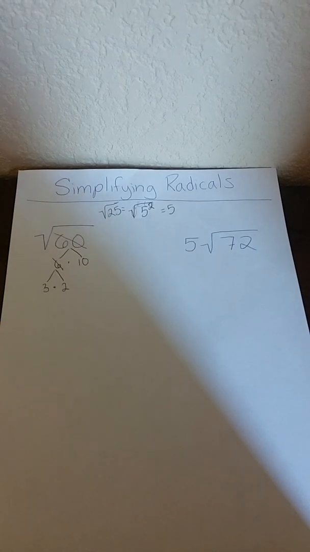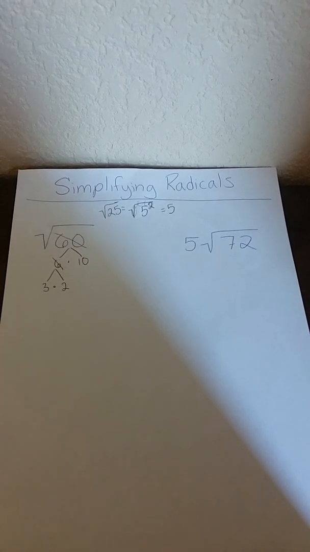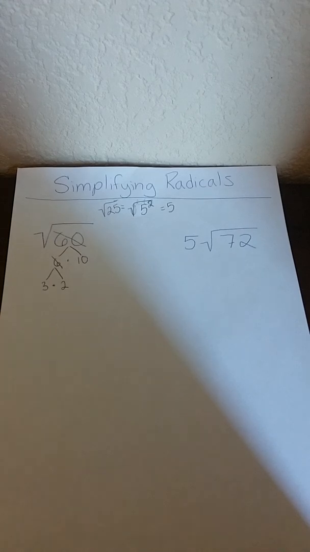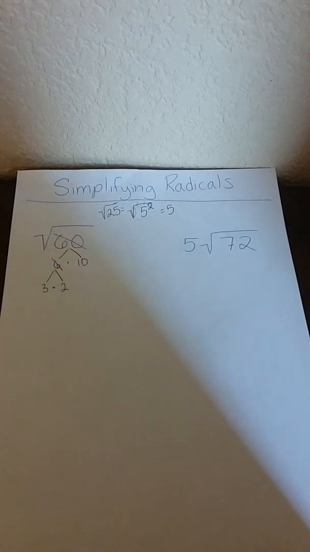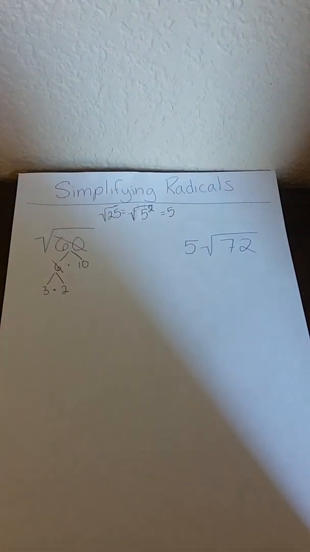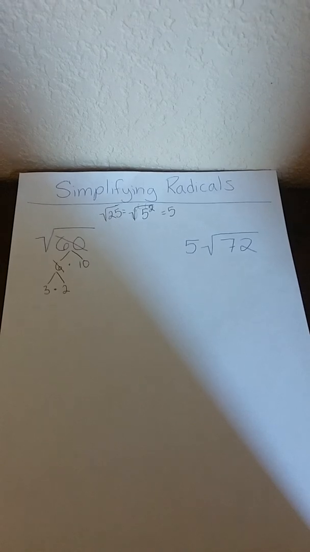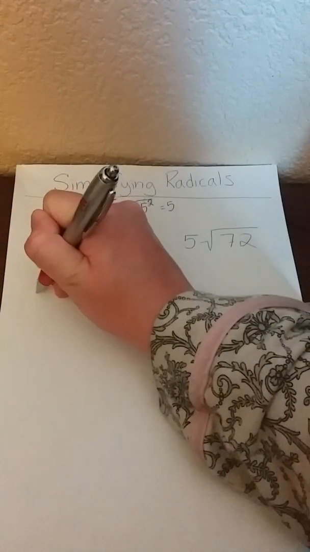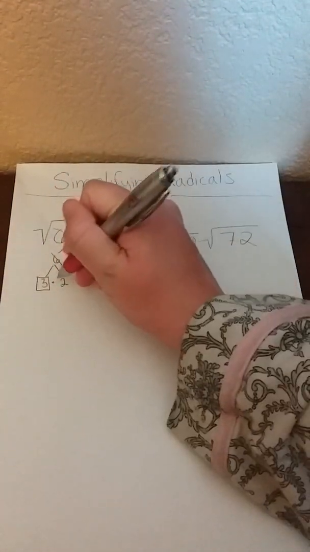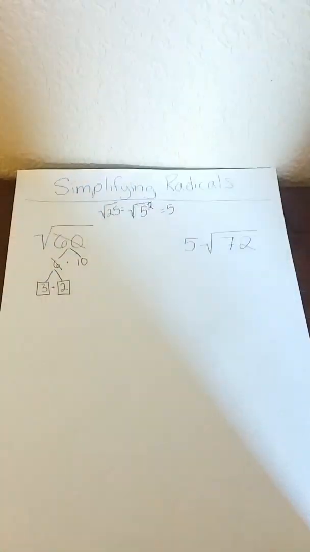I don't want to keep going when it's only 3 times 1 because it would just keep going forever. It would be 3 times 1 and then keep going, 3 times 1 and keep going forever. Once you're at what we call a prime number, which means the only way to break it down is doing times 1, then we stop and we box that number. So we're going to box 3 and we're going to box 2 because they're both prime.